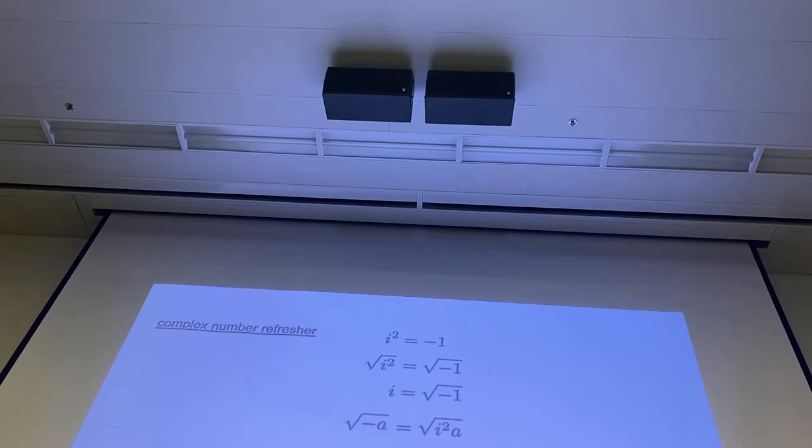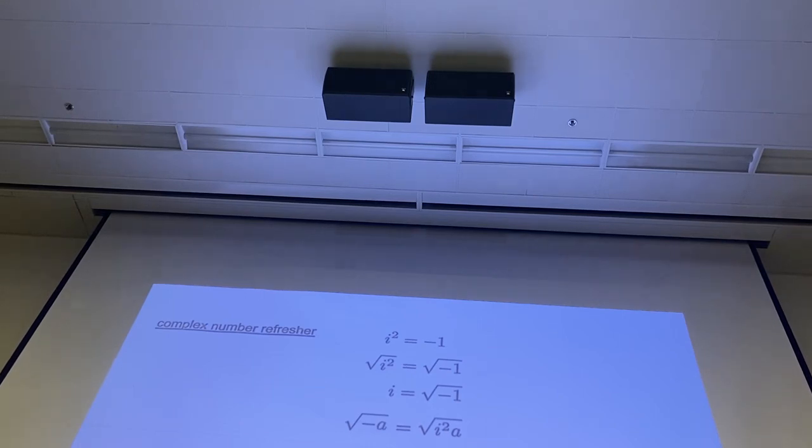All right, and so since I can write the square root of a product as two square roots, that's fine. So I get the square root of i squared and then the square root of a. So that thing is nothing but i times the square root of a.